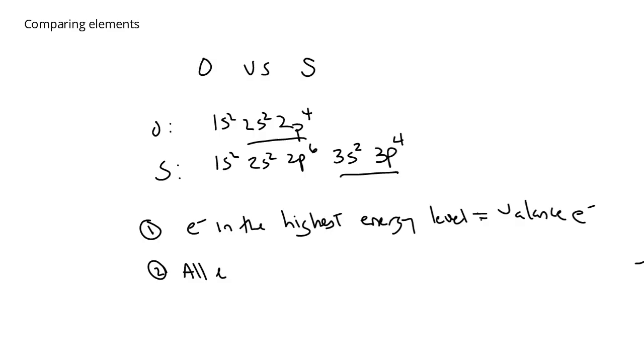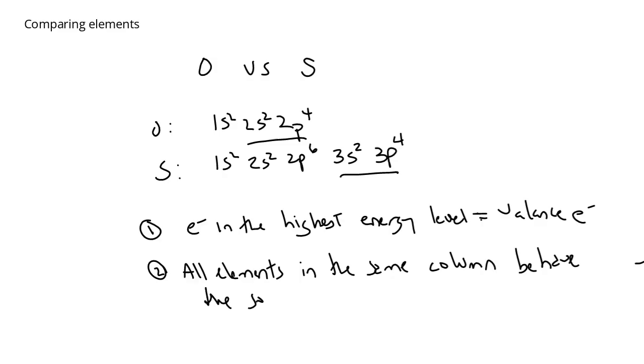All elements in the same column behave the same way. So they behave the same way, so they have the same number of valence electrons.